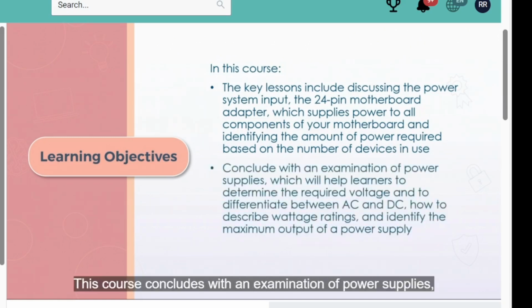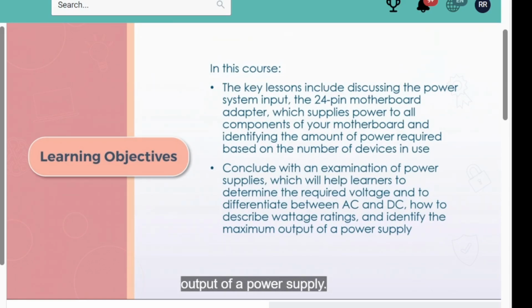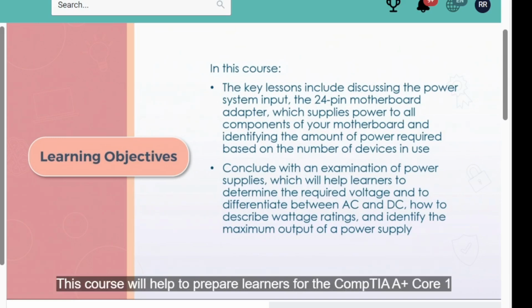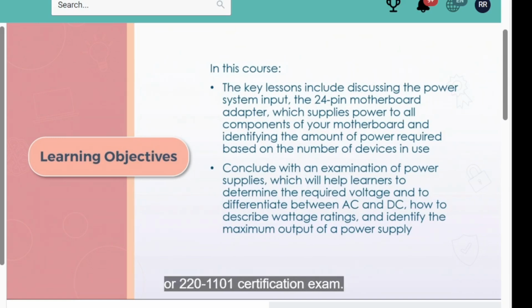This course concludes with an examination of power supplies, which will help learners to determine the required voltage, as well as to differentiate between AC and DC, how to describe wattage ratings, and identify the maximum output of a power supply. This course will help to prepare learners for the CompTIA A+ Core 1 or 220-1101 certification exam.